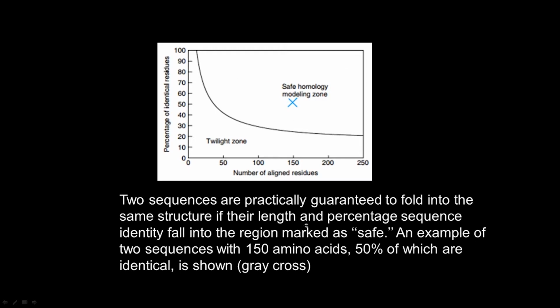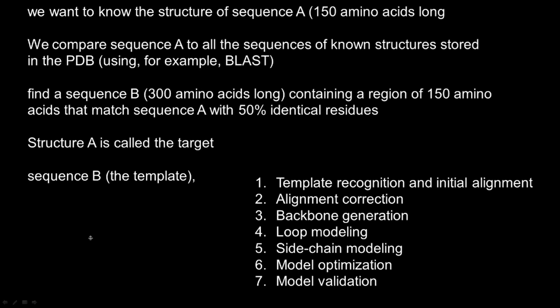For example, if you have 150 amino acids and 50% sequence identity, that's fantastic. You can say they both will have a similar structure. Even if you go down to 35%, we can still say they will come to the same structure.